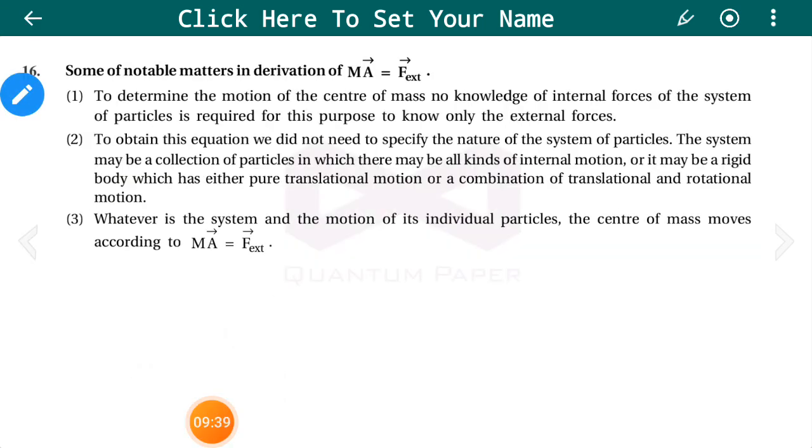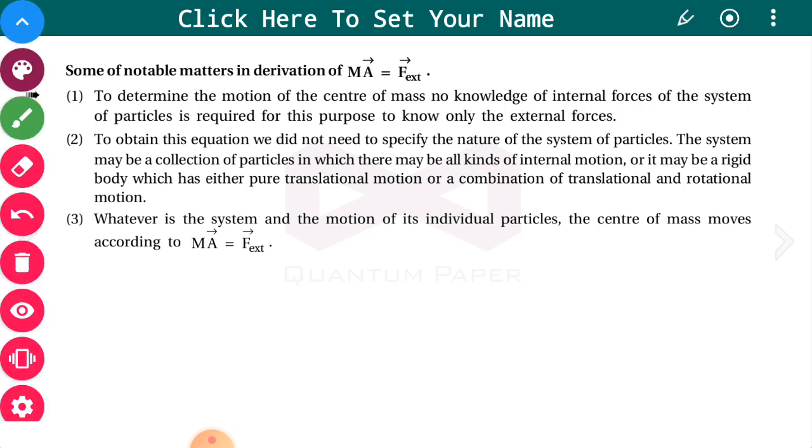Now some important notable matters in this: F external is equal to ma. To determine the motion of the center of mass, no knowledge of the internal forces of the system of particles is required. You only have to consider external forces. Internal forces are equal in magnitude and opposite in direction, so they cancel out each other's effect.